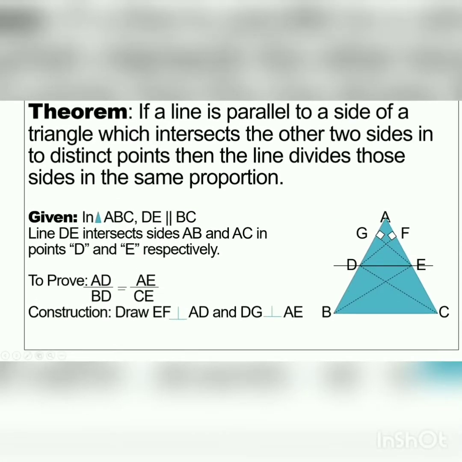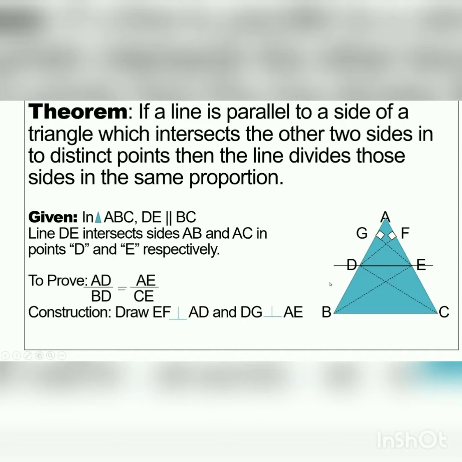Observe this figure. Triangle ADE and triangle BDE. Now I am taking the ratio of the areas of both triangles, ADE and BDE. You can see here, in triangle ADE, AD is the base, and in triangle BDE, BD is the base.